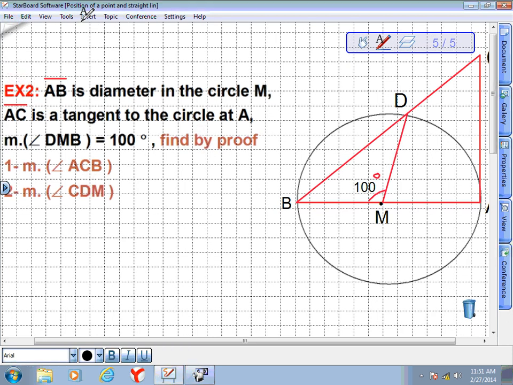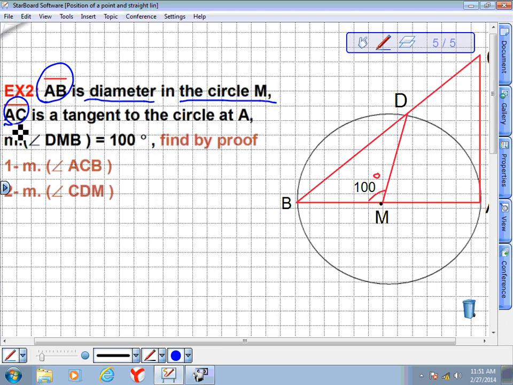In this example we have AB is a diameter in the circle M, AC is a tangent to the circle at A, measure angle DMB equals 100 degrees. We have two requirements: the first, to find measure angle ACB, and the second, to find measure angle CDM.